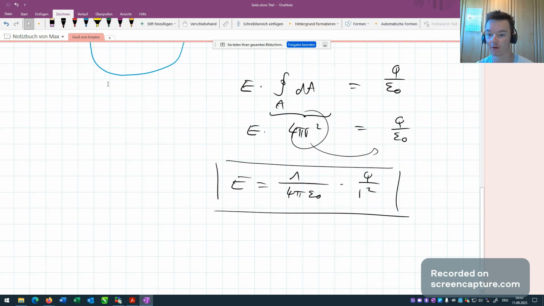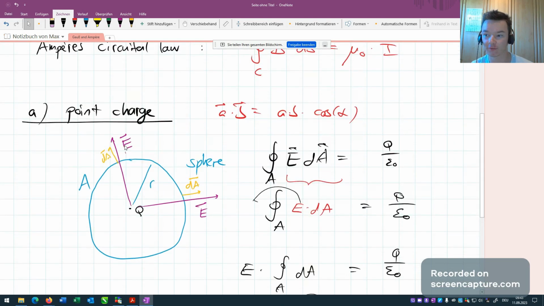That's example 1. Just always try to identify some kind of symmetry, then put some area around the charge which is closest to the charge, and think about whether the field vectors are parallel to the area vectors, and then you can go on calculating the electric field quite easily.